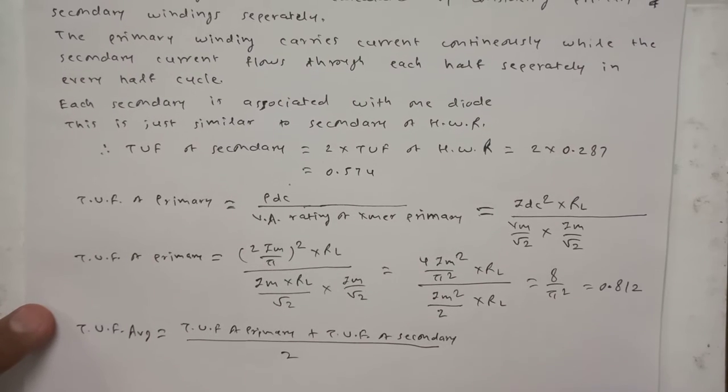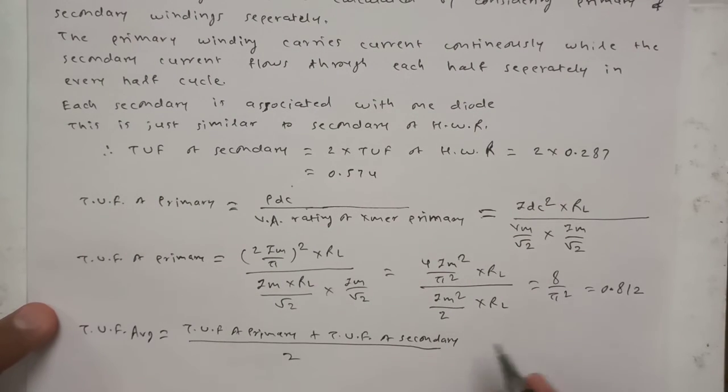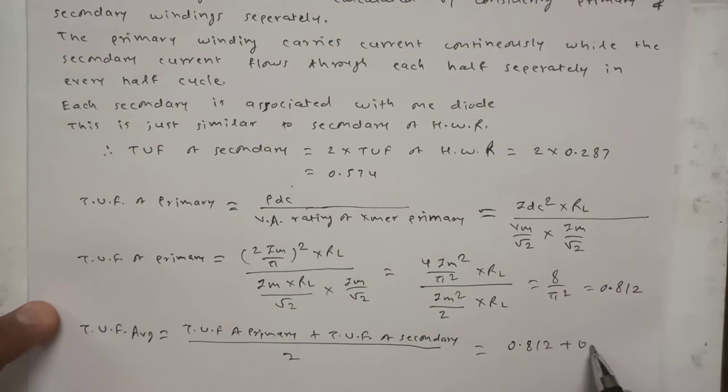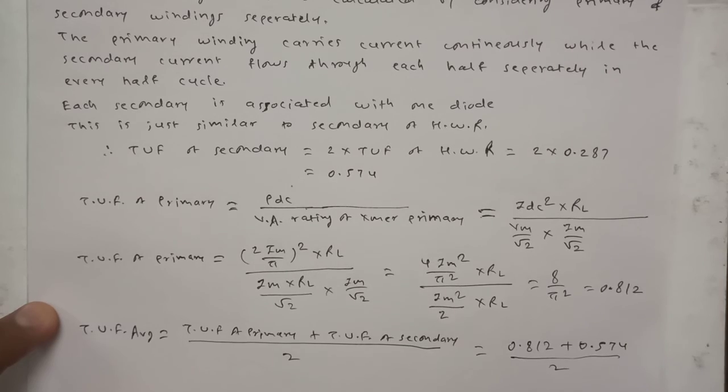And that's why let us take the average of these two. So it is nothing but 0.812 plus this value 0.574, and this whole thing divided by 2.